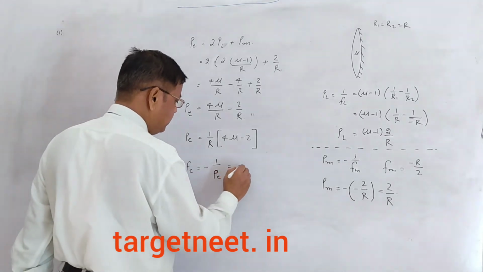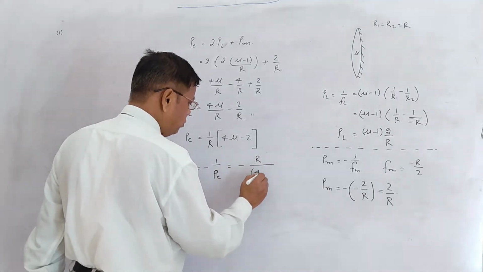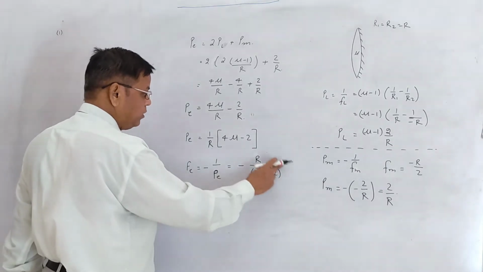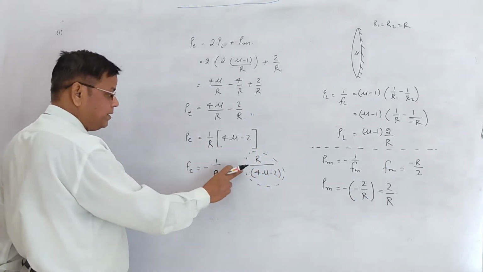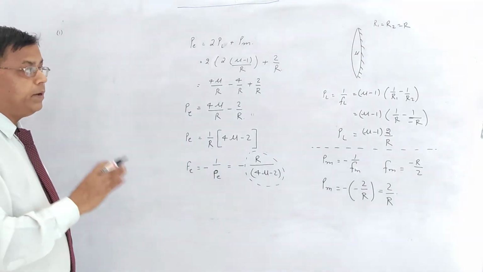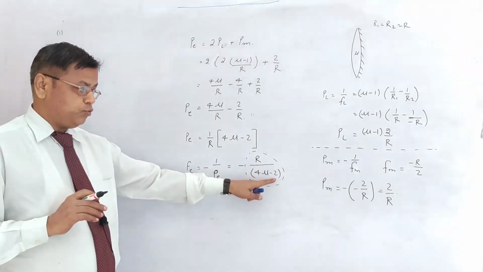So it is minus R upon 4 mu minus 2. And you know this whole is positive, so focal length will be negative. It means this behaves like a concave mirror of focal length R upon 4 mu minus 2.